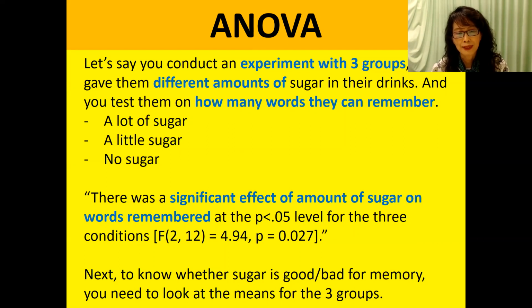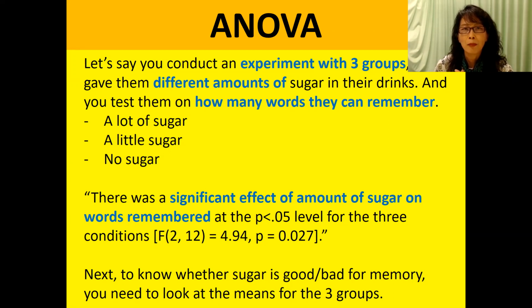So what you need to understand here is that what is put in brackets after the F signifies ANOVA here. The 2 is actually the number of groups minus 1. You have 3 groups, minus 1 equals 2. Okay, and you see the p equals 0.027.